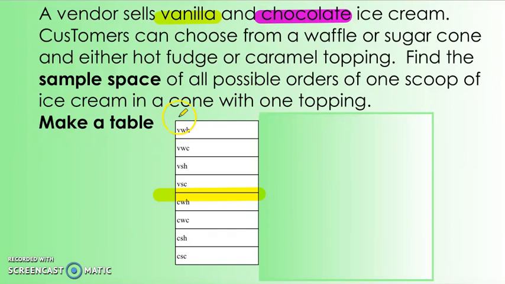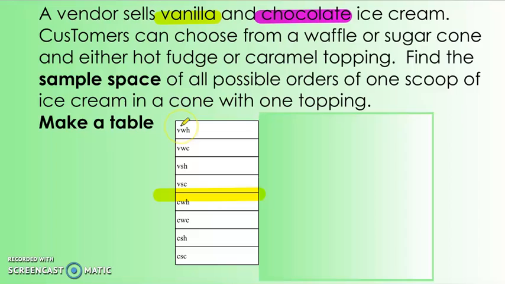And so what you need to figure out, and what I basically do, is just assign letters. So waffle, I put a W, and sugar, I put S. Then hot fudge, I just put H for hot, and caramel, I put C. And so now I just had to figure out how many different options I could have.